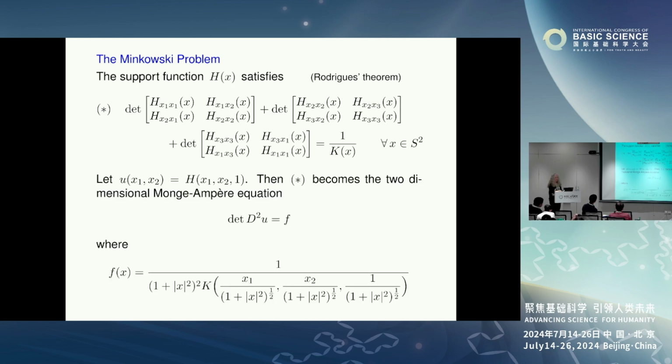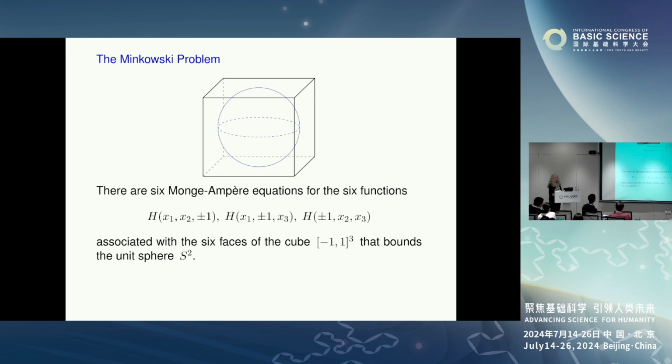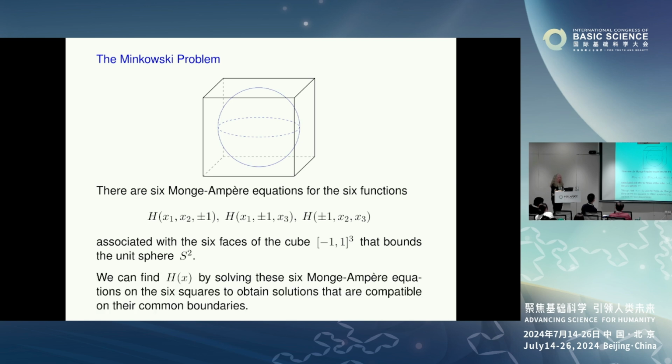And if we take u to be h with x3 equal to 1, then star becomes a 2-dimensional Monge-Ampere equation. There are 6 Monge-Ampere equations for the 6 functions associated with the 6 faces of the cube that bounds the unit sphere. We can find h of x by solving these 6 Monge-Ampere equations on the 6 squares to obtain solutions that are compatible on their common boundaries.